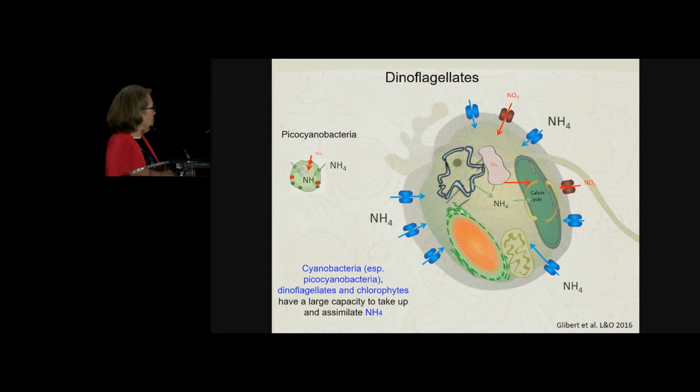Dinoflagellates are interesting in many ways. They have lots of ammonium transporters. They have lots of ways in which they assimilate ammonium in the cell. And lots of dinoflagellates we know are mixotrophic. They're taking in large particles, and they're digesting those particles. So they have many pathways to accommodate this ammonium.